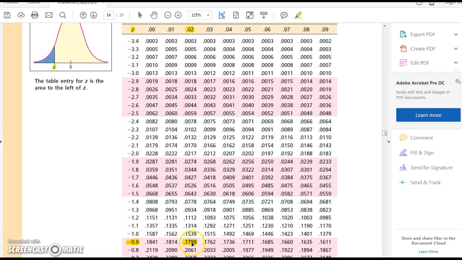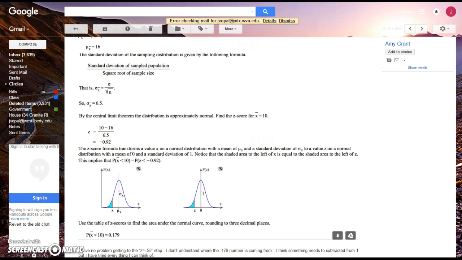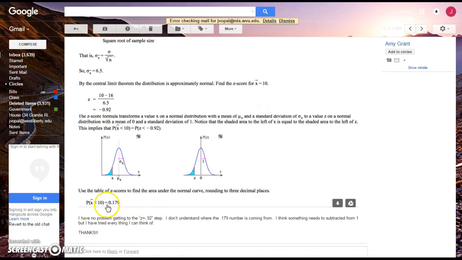So that is the area to the left of that particular z value, or the probability that z is less than negative 0.92, which is 0.1788. If we go back to the problem, you can see that they're rounding to 3 decimal places, so 0.1788 rounds to 0.179.